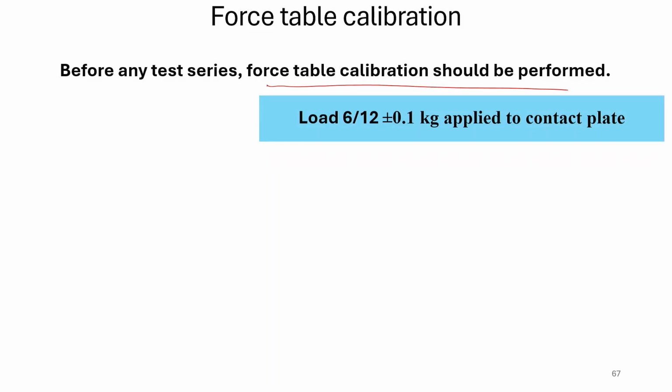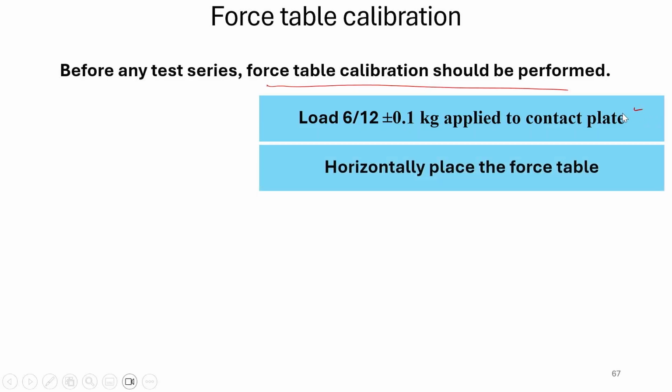Two types of loads are used, 6 and 12 kg plus minus 1 kg, applied to the contact plate, horizontally placed on the force table. So, there is a force table that we are calibrating with the two loads.